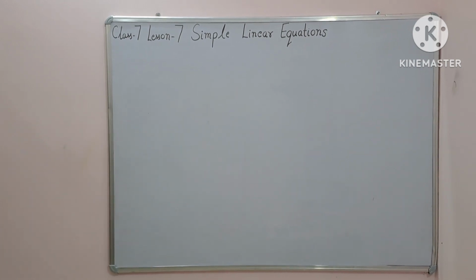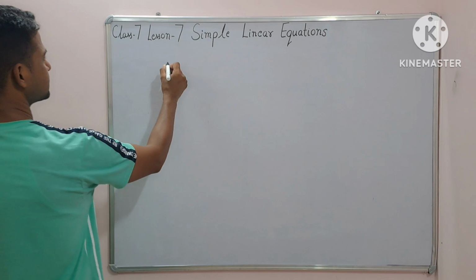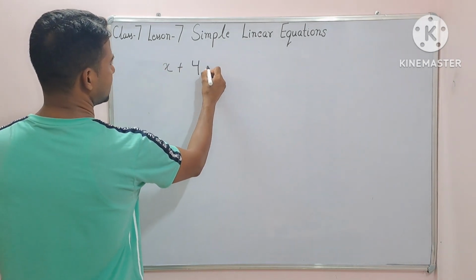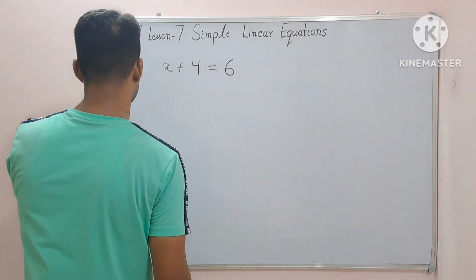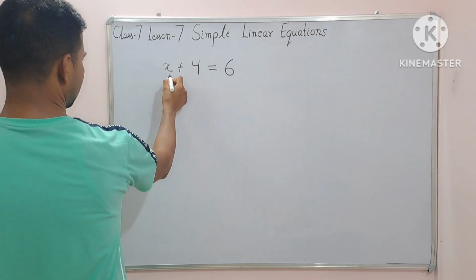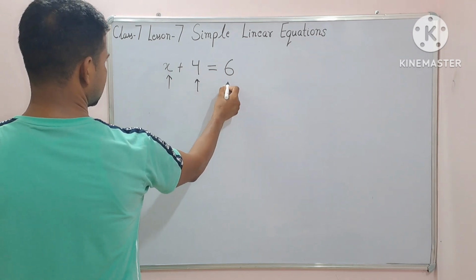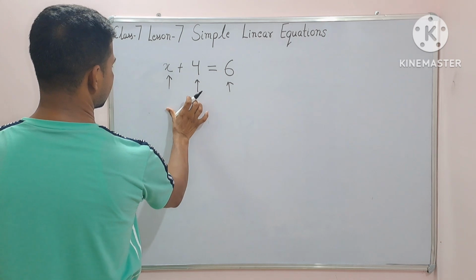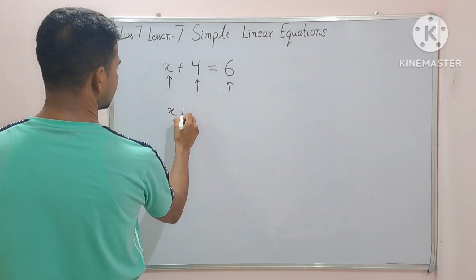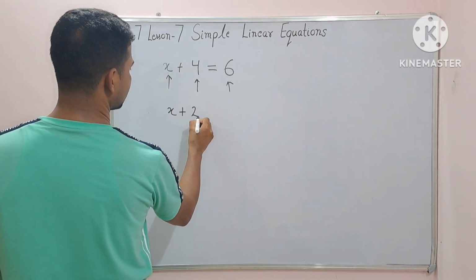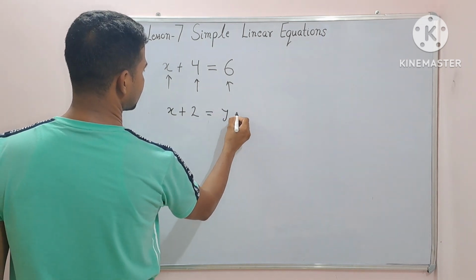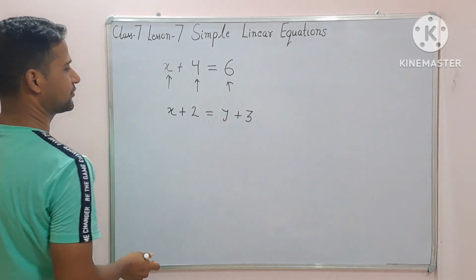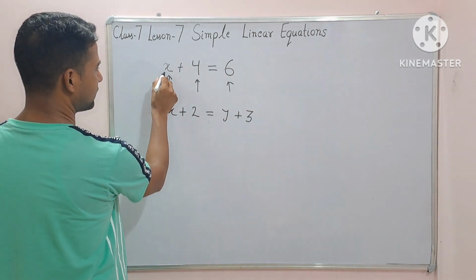Now, have you understood equations clearly? x plus 4 is equal to 6. This is an equation. This is the variable, this is a constant, this is a constant. Now, this is also an equation with two variables. Here is only one variable.